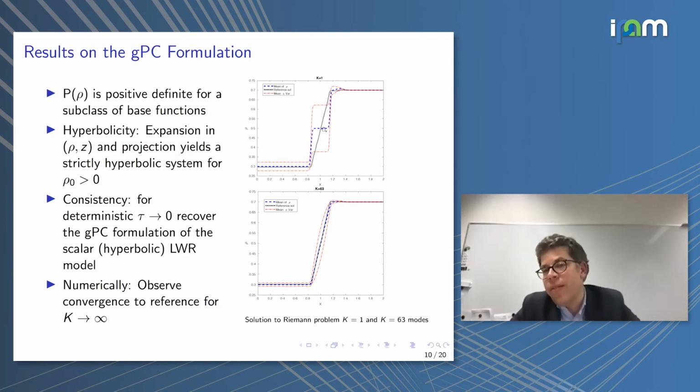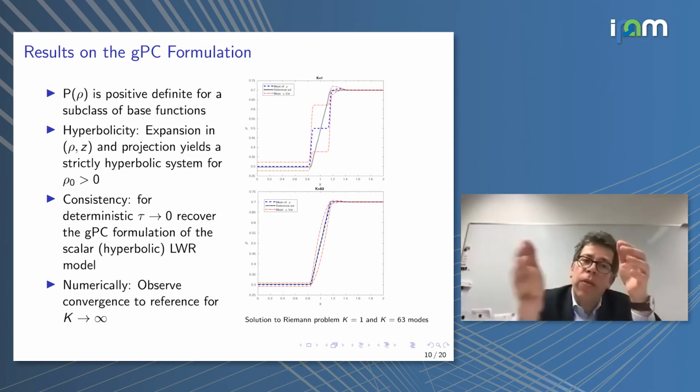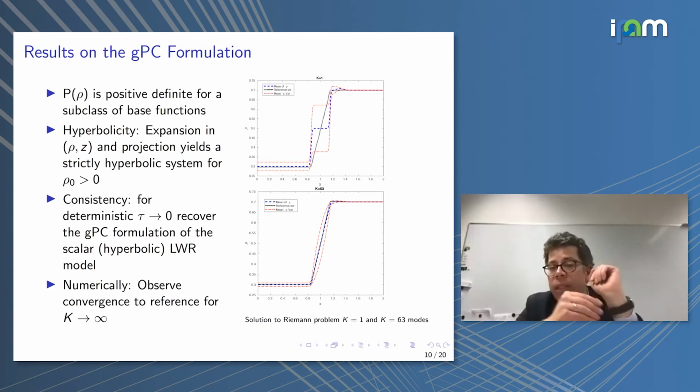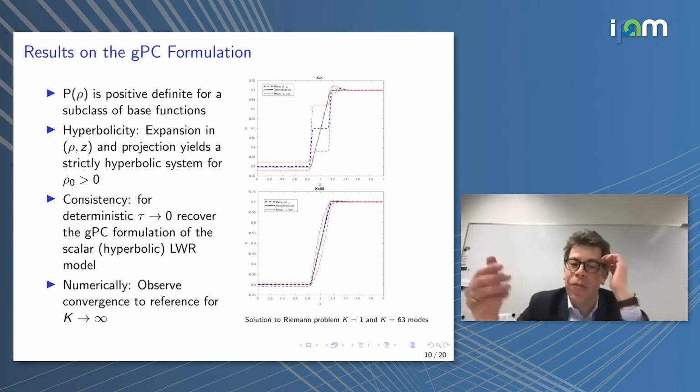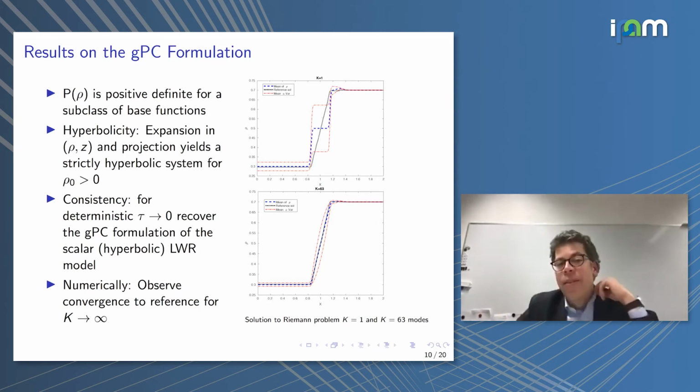This is clearly far away, but if you go to K equals 63, so it's 64 modes, then you almost capture the exact solution. So numerically, you observe this. And I should say that depending on where you do this, namely either on the fluid or on the kinetic level, there are already proofs of convergence for K to infinity, for example on the kinetic level, but I'm not aware of some for this Aw-Rascle model.